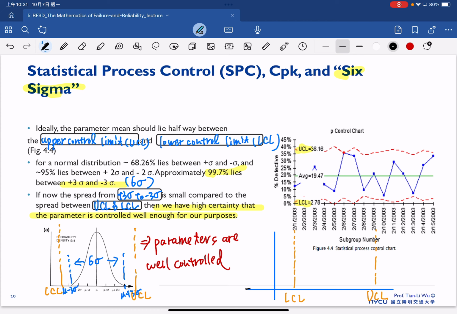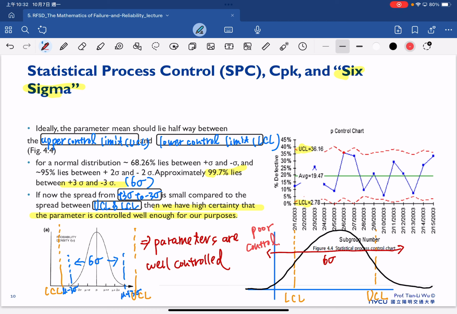So in the end we have this distribution function, where this 6 sigma is larger than our UCL and LCL. That's an indication that we have poor control for the product with different fabrication times.